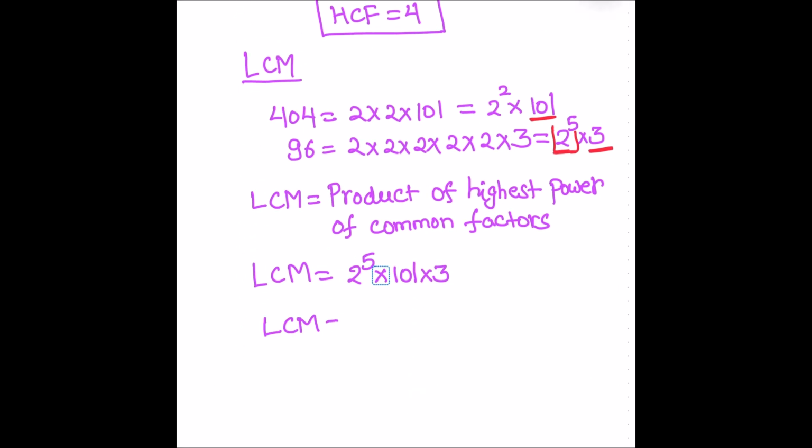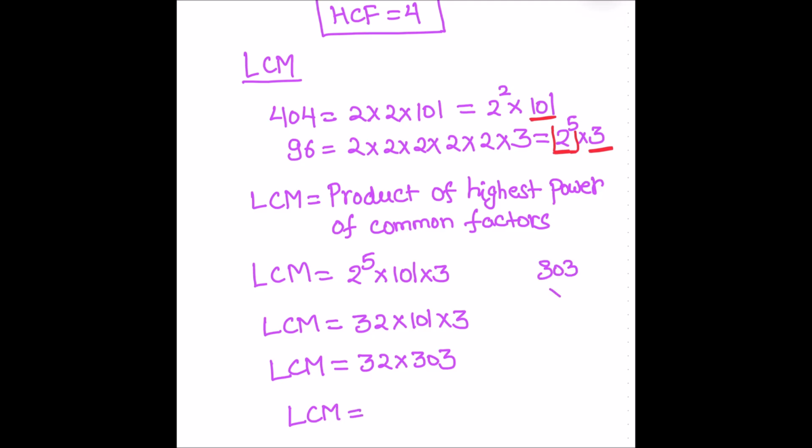So LCM equals 2 raised to power 5 is 32 times 101 times 3, which equals 32 times 303, or LCM equals 3 times 32, 2 times 3 is 6, 3 times 3 is 9, 3 times 0 is 0, 3 times 3 is 9.